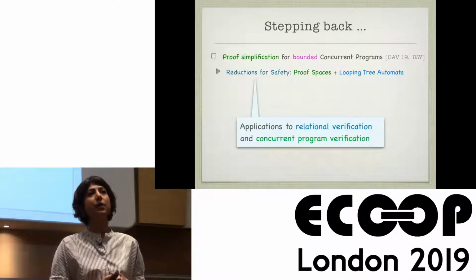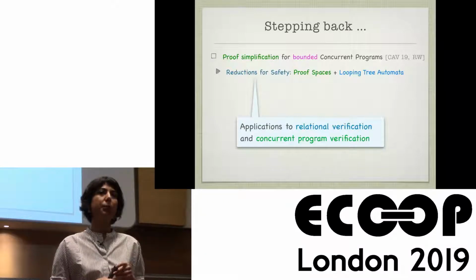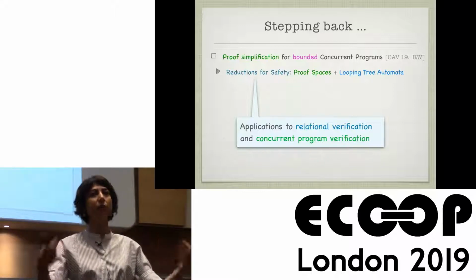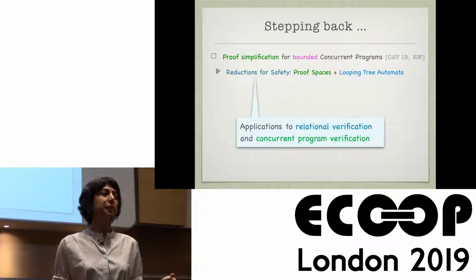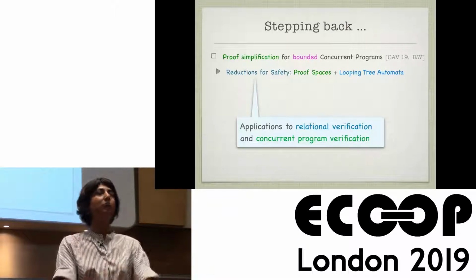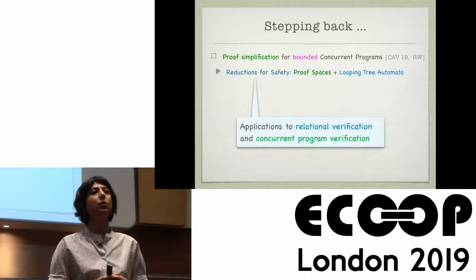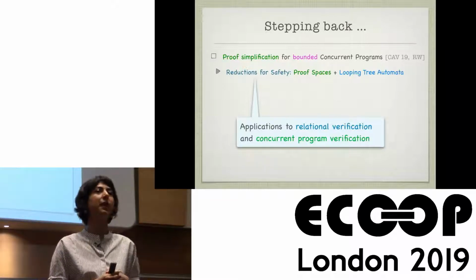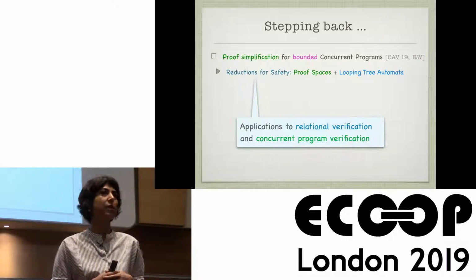This also has applications to relational program proofs, things like hyper-safety properties and any sort of relational proof, because there you are automatically, in a sense, constructing a product program where most of the behaviors are redundant, and you're actively looking for a particular reduction of the program to prove correct, instead of all possible relations. So we applied this to hyper-safety verification of concurrent and sequential programs, and we had really nice results coming out of this.